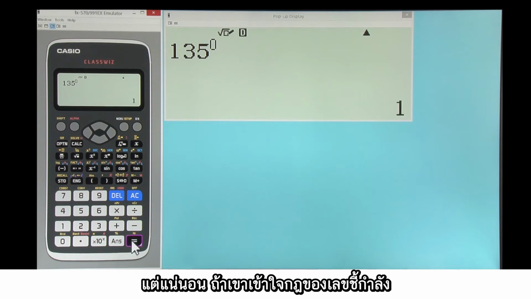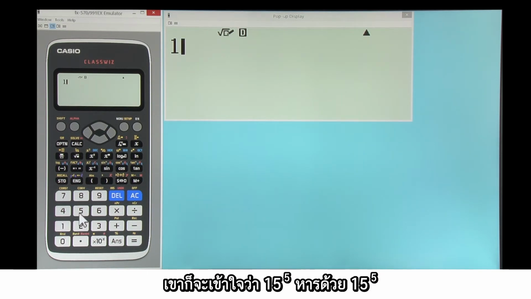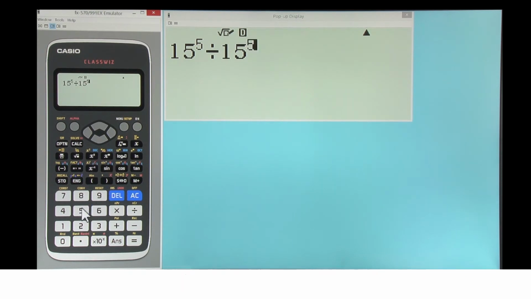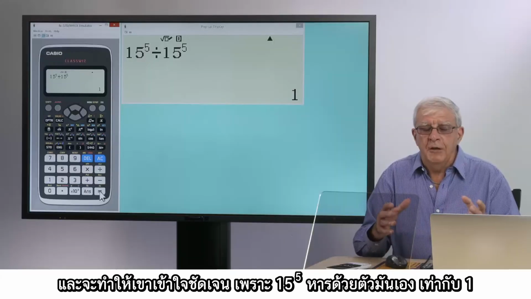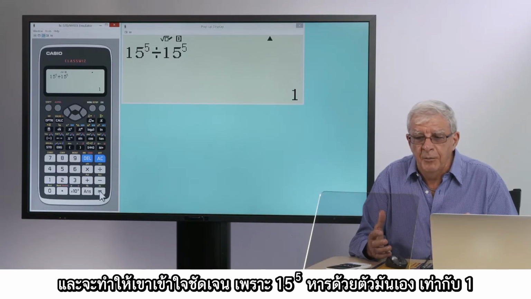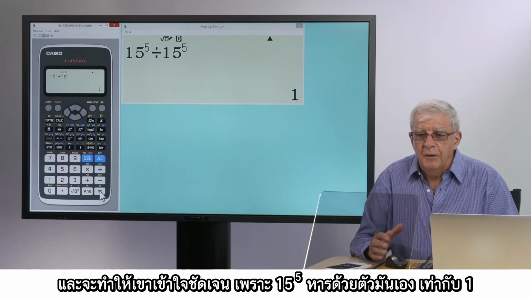But of course, if they understand the laws of indices, they would understand that 15 to the power 5 divided by 15 to the power 5 is going to give the result of 15 to the power 0, which of course is 1, and it's clear to them that 15 to the power 5 divided by itself is 1.